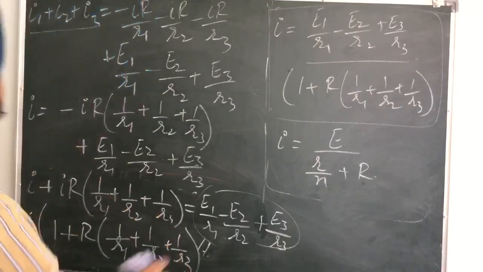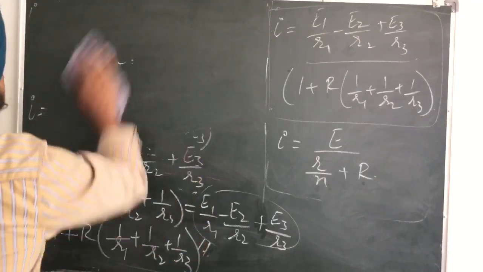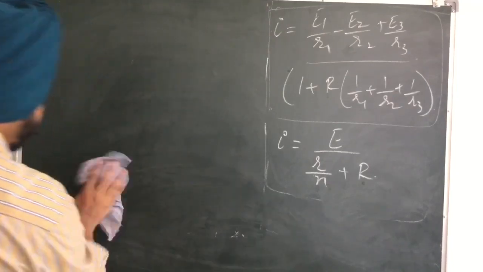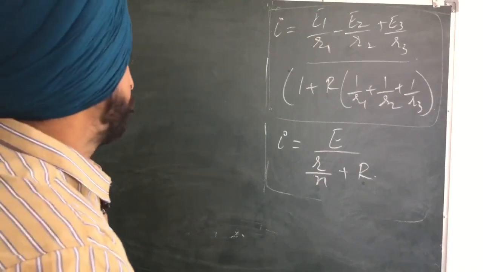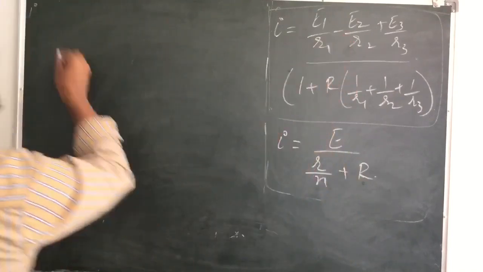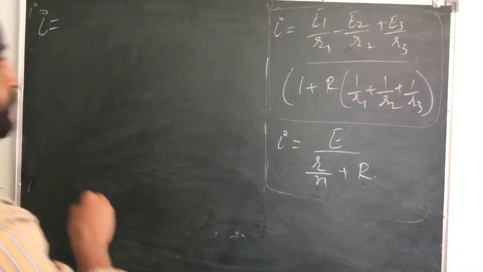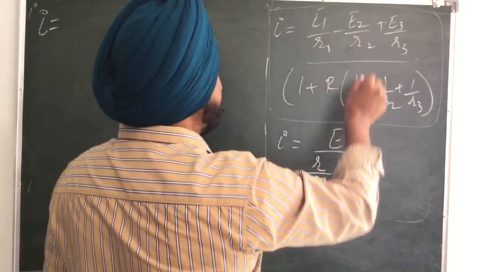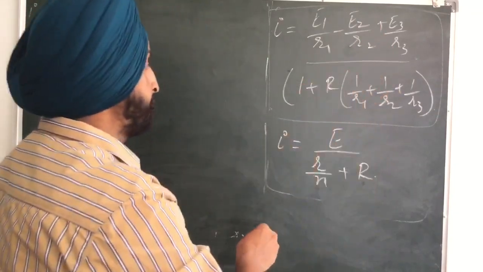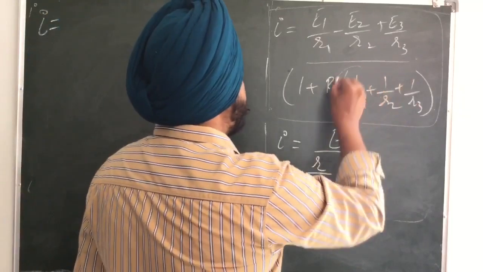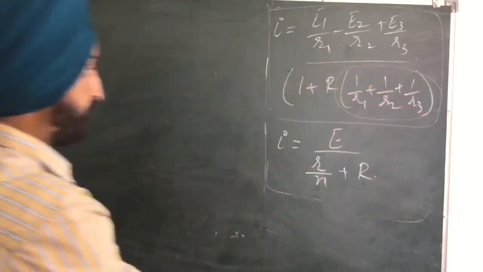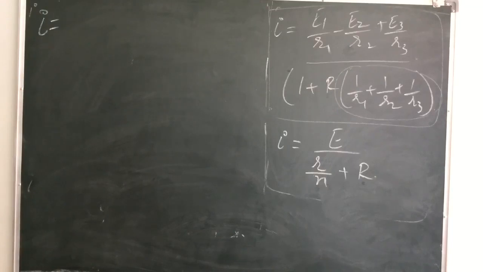So what I will be doing is, I will be dividing this entire right hand side by this value, 1 by R1 plus 1 by R2 plus 1 by R3.